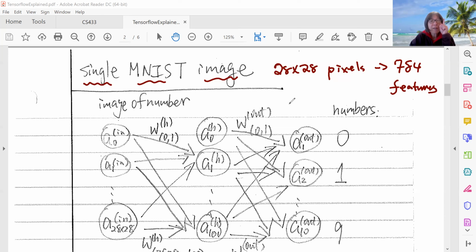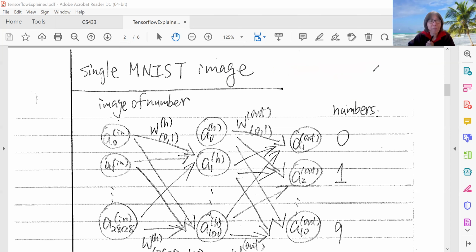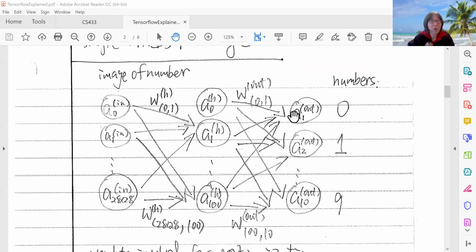And with that classic dataset, we have 70,000 samples. Just think about the scale of the data. It's huge, but compared with a lot of real world data, it's still not too big.